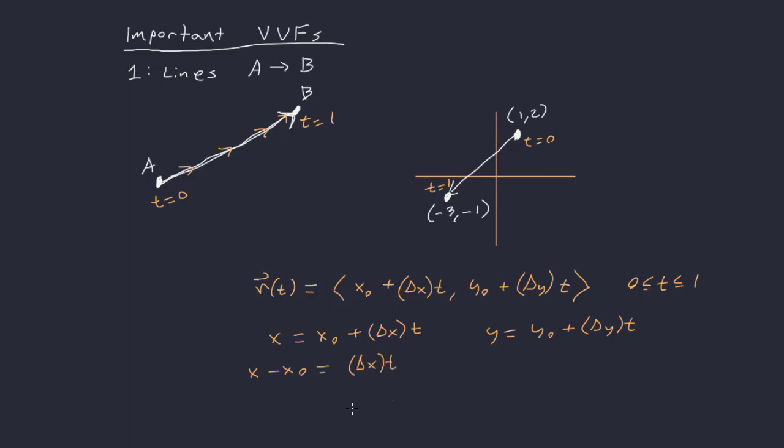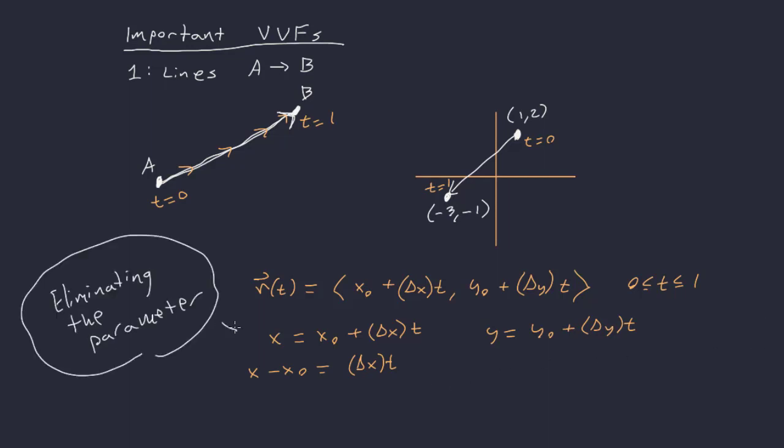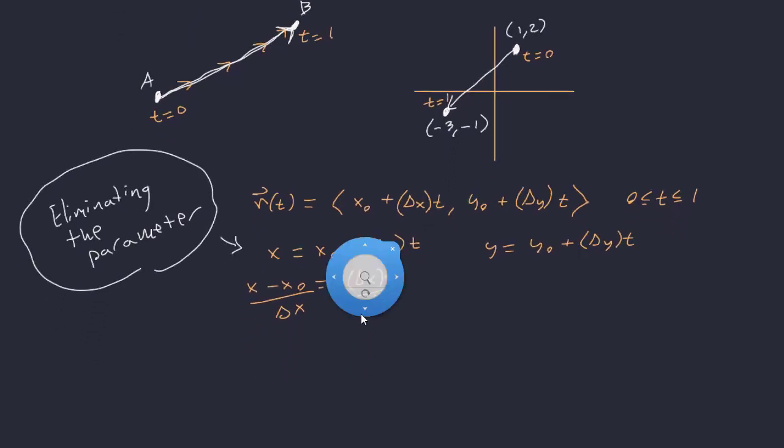And this is actually what's called eliminating the parameter. Okay, eliminating the parameter, because what's going to happen when we solve for t, so now I'll divide by the delta x. What we've done is we've solved for t.